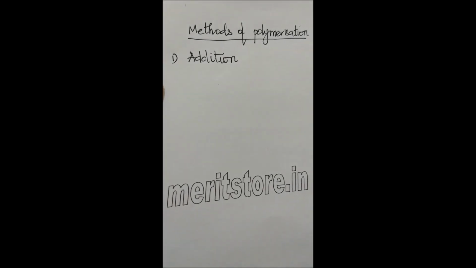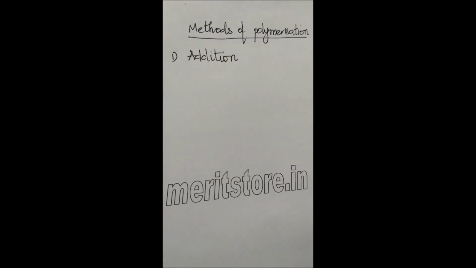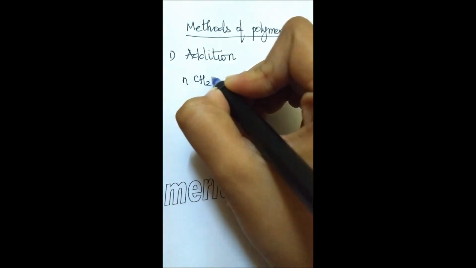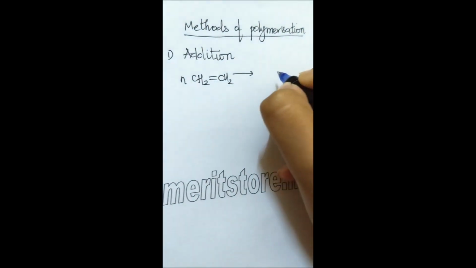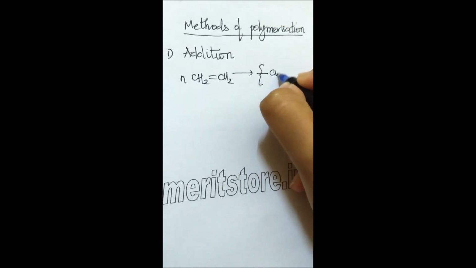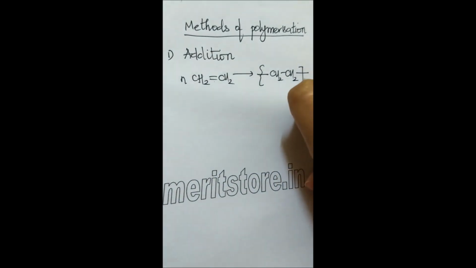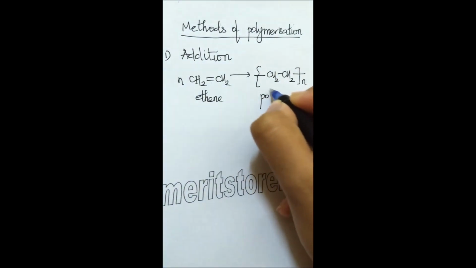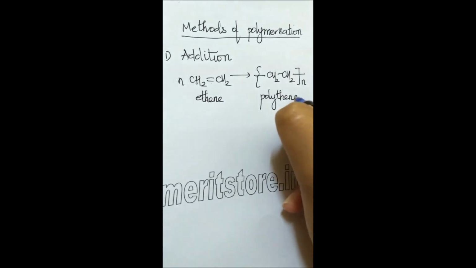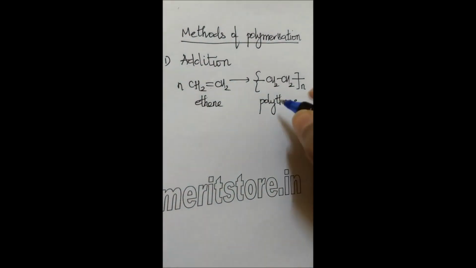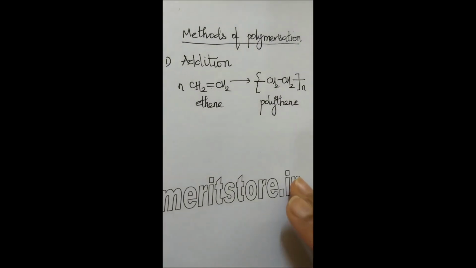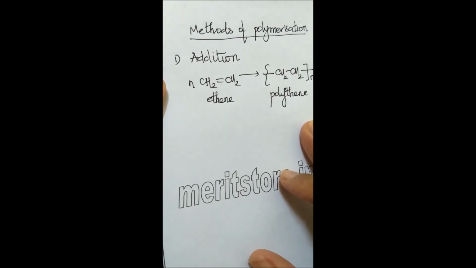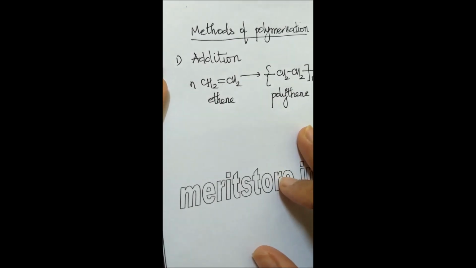An example of an addition polymer would be the formation of polythene from ethene. That is, if I have n ethene molecules and I form polythene. This is ethene, this is polythene. This is an example of a chain growth polymerization or an addition polymerization.